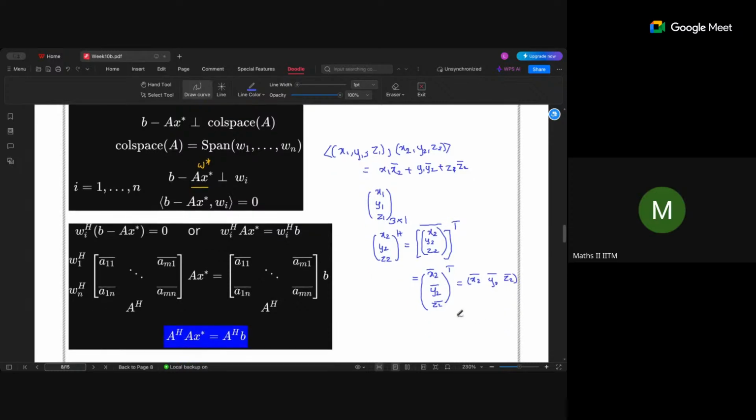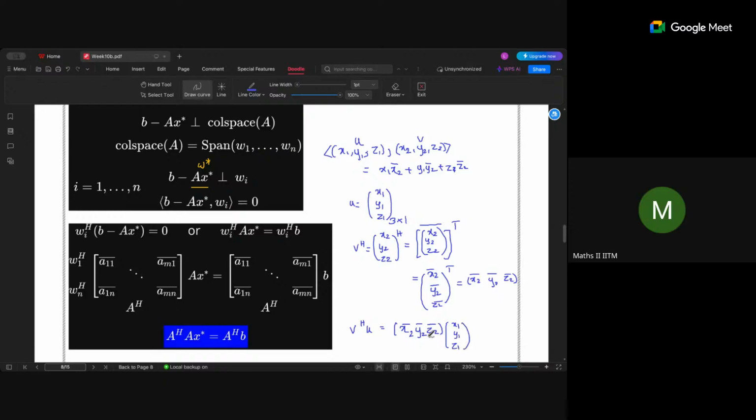Let's say this is u and this is v. So this is your u, and this is your vH. What is vH into u? It is x2 bar, y2 bar, z2 bar into x1, y1, z1.